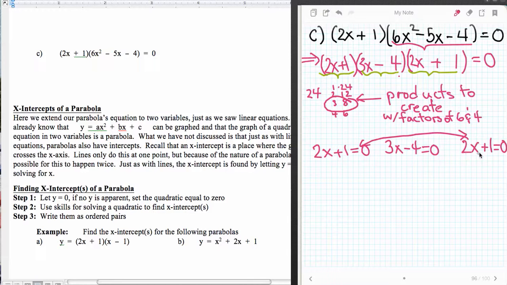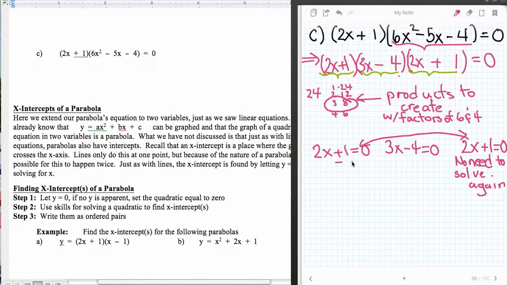I'm going to get the same answer from those. So I don't have to solve this 2 times. I only have to solve it once because I already have it. So no need to solve again is what I'll write here, because once you solve it, it's solved. You know what the factor would be. So in other words, this would be like writing 2x plus 1 quantity squared times 3x minus 4.